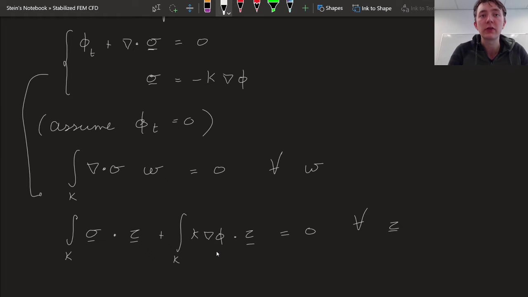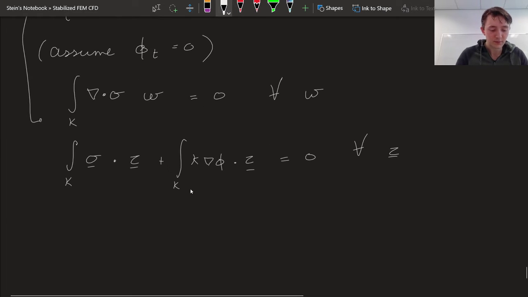Now, this is not necessary, but it will introduce additional boundary values of, in this case, phi, as we'll see in a second. So it's going to give us more flexibility in terms of choosing numerical fluxes, and as a result, we can get more different choices of methods. And after that, we'll have to think about what kind of methods are appropriate and useful. But in order to make ourselves comfortable and have a range of choices, what we're going to do is we're going to do integration by parts on both of these terms.